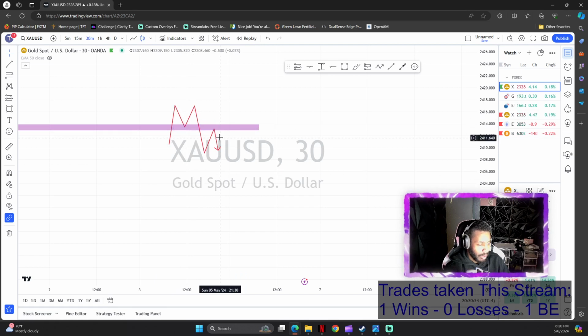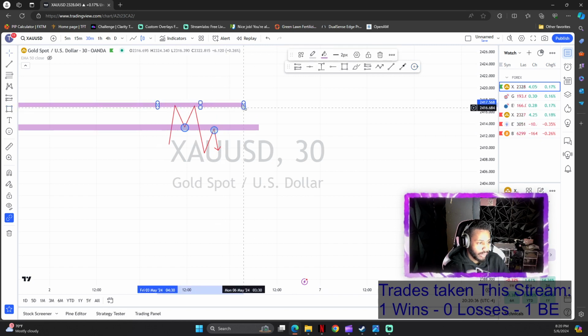A breakout, come back up to retest to potentially continue down. So I have my 1 touch as support, my 1 touch as resistance. I'm not drawing up this level here because it's only acting as resistance. For a major key level, it has to be respected as both support and resistance to me.